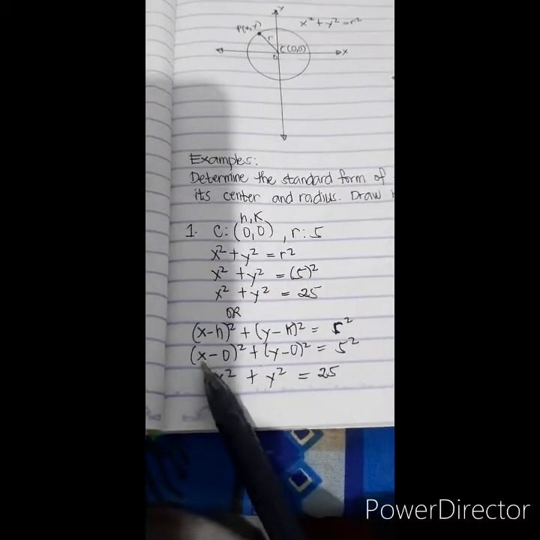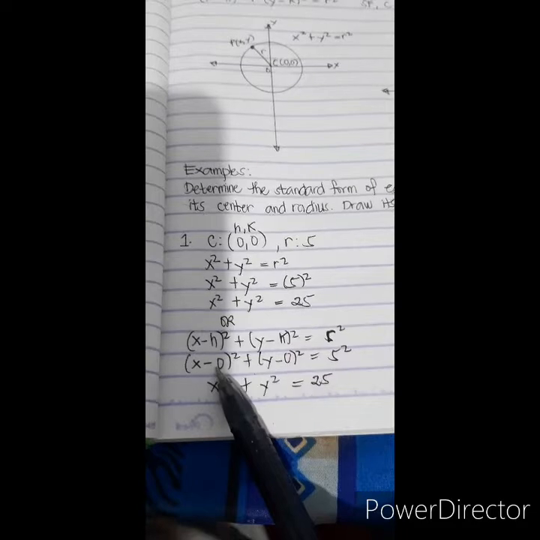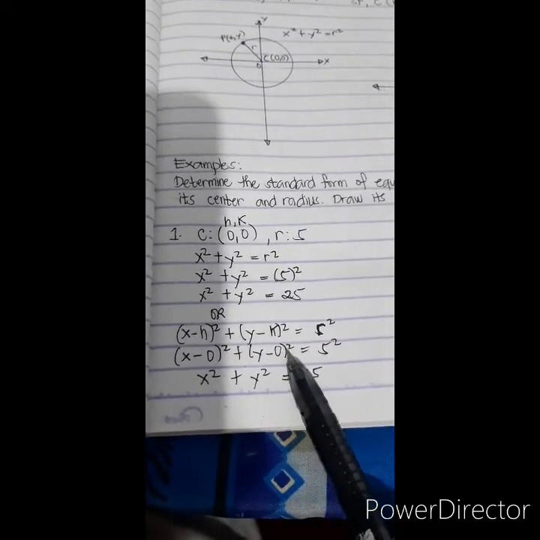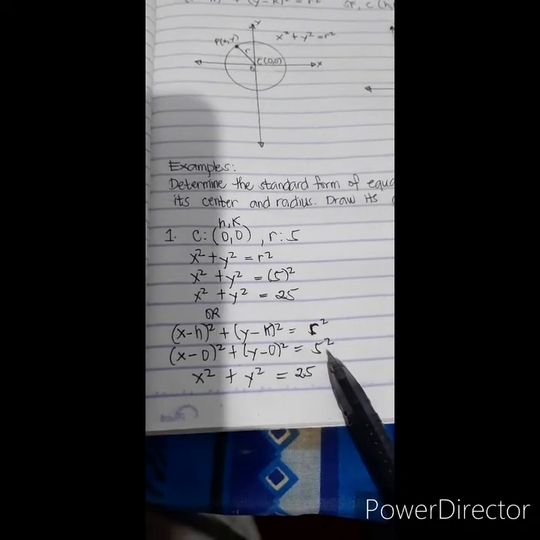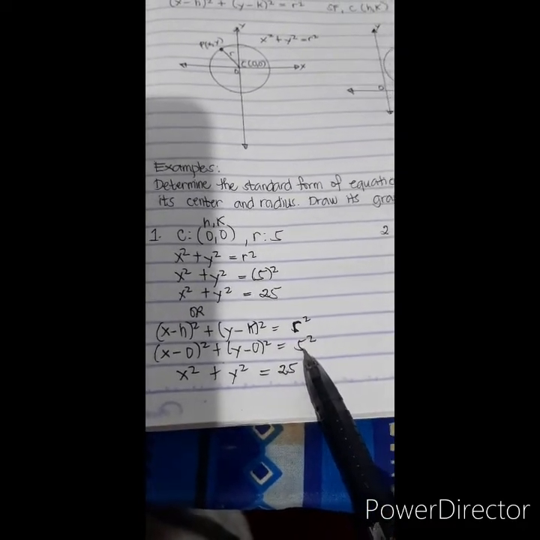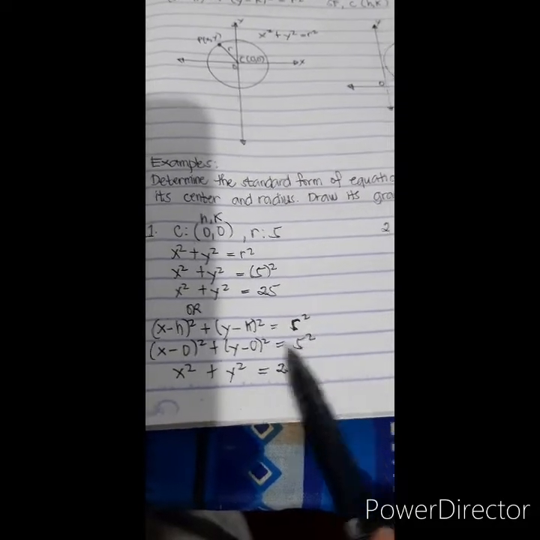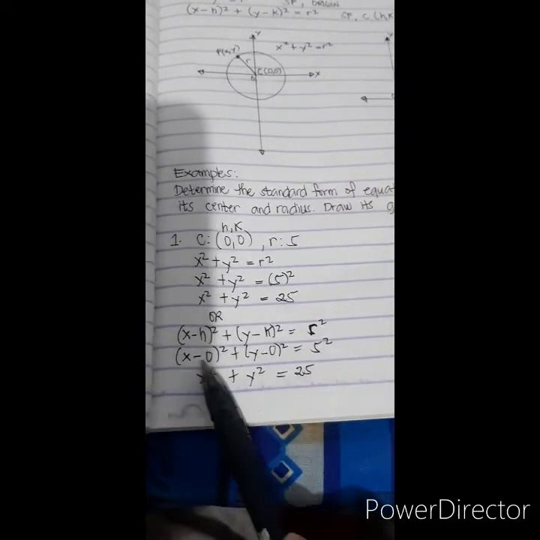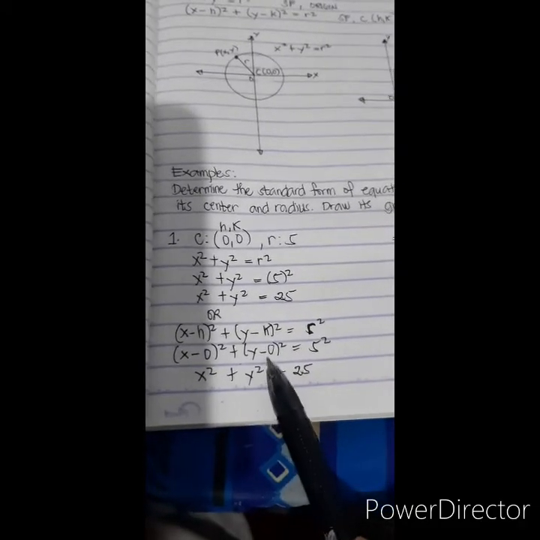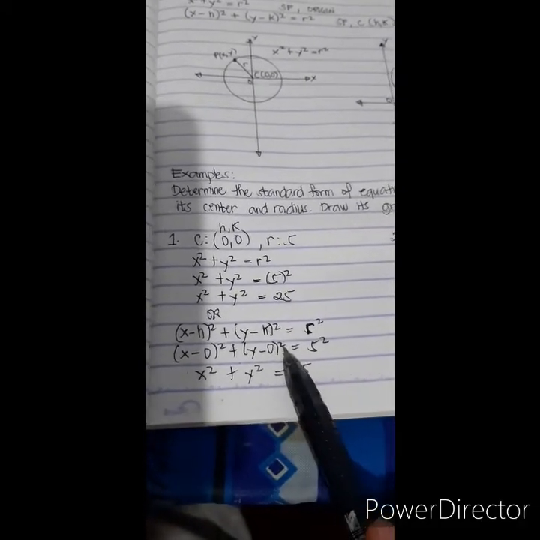So we have here quantity of x minus 0 squared plus quantity of y minus 0 squared is equal to the value of radius 5, that is squared. So we have x minus 0 is x raised to 2, plus y minus 0 is y raised to 2.